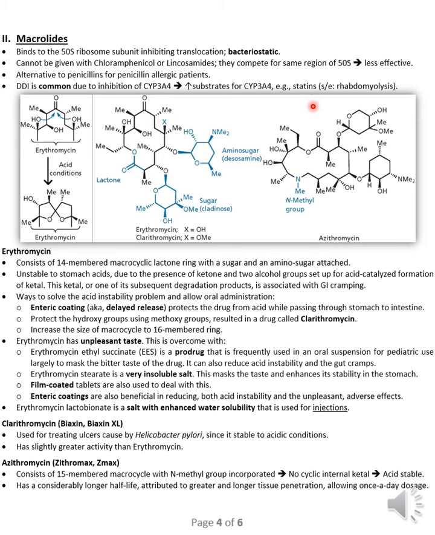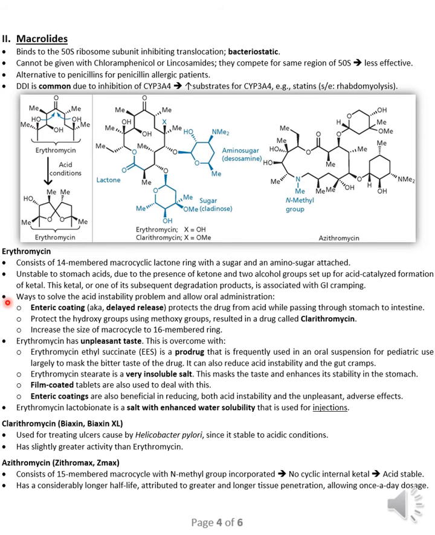For example, the statins: if they are co-administered with macrolides, then the metabolism of statins will be inhibited. This will result in increased concentration of the statins, and then you will see more of the side effects of the statins. The most common one is rhabdomyolysis, which is muscle pain.